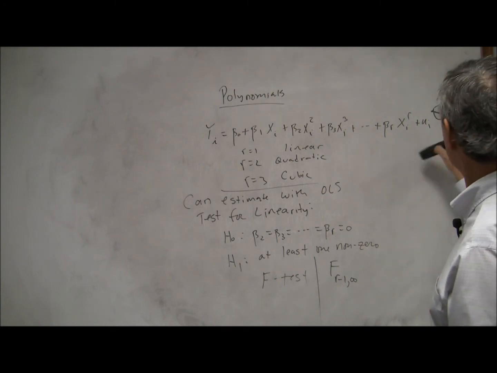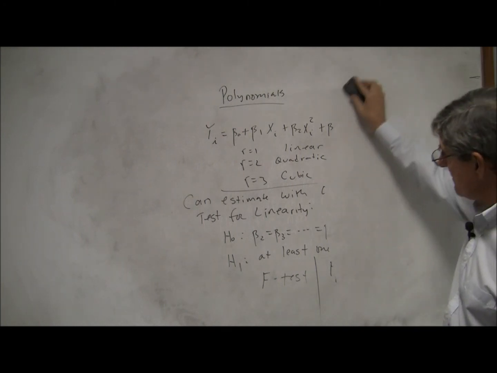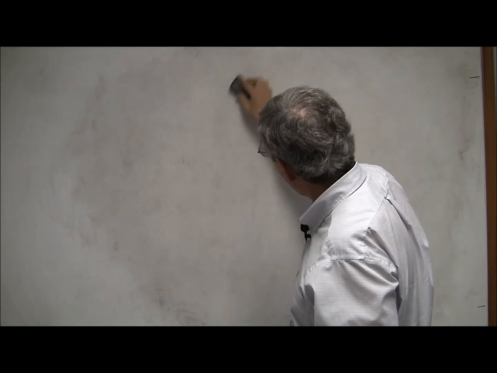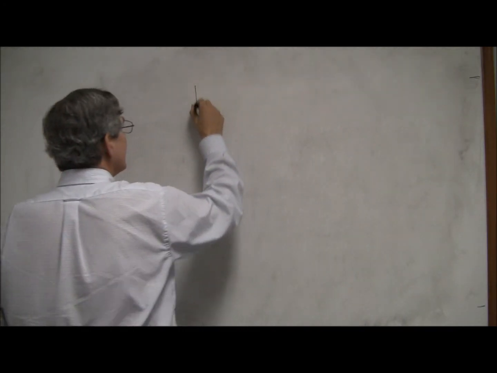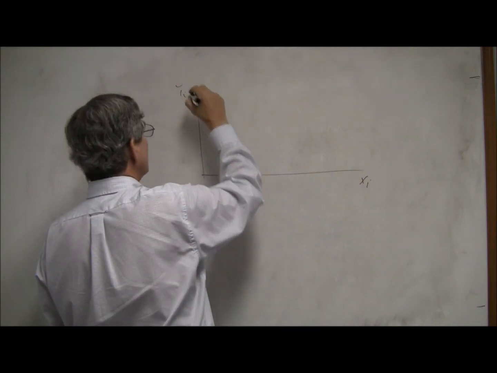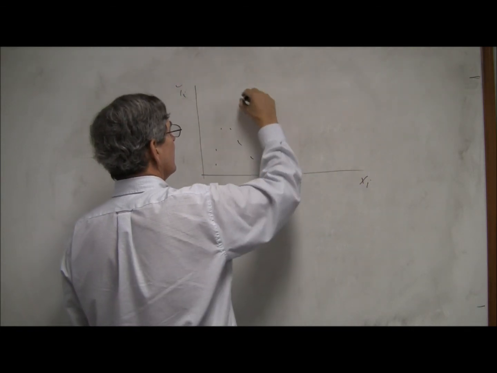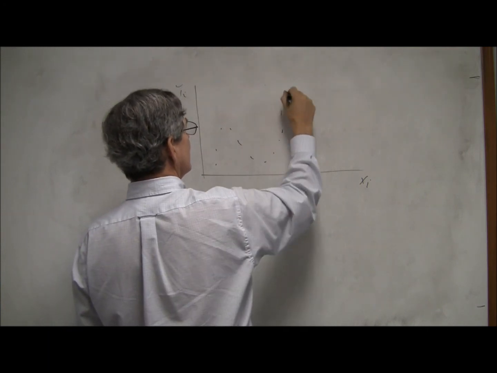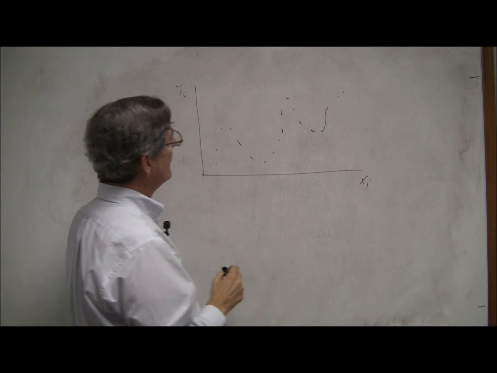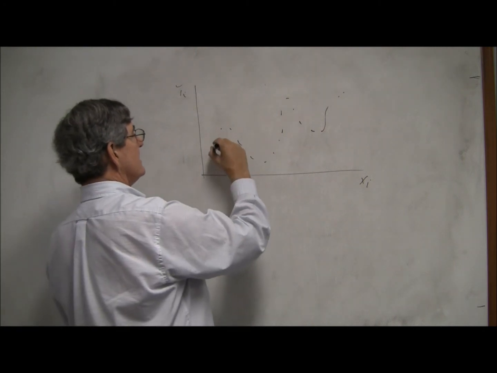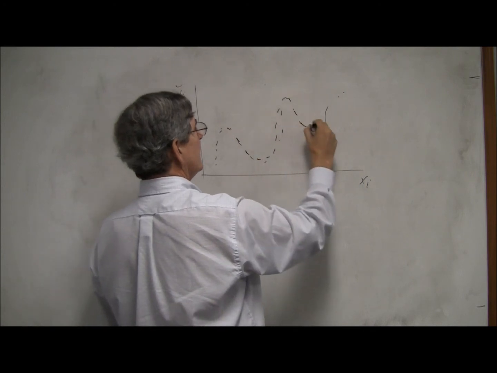And if you add higher and higher order terms, you can get some really complex nonlinearities. In fact, no matter what your original data look like, whatever shape they are, say my data looks something like this.